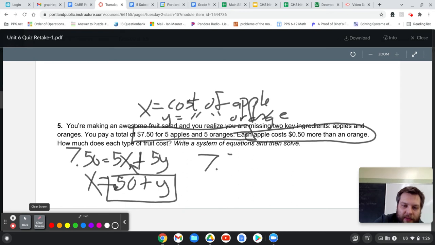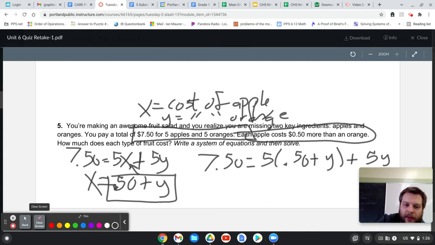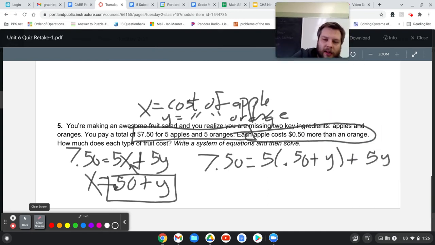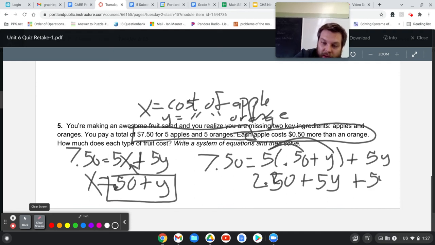So now I have 750 equals 5 times 50 cents more than an orange plus 5 oranges. Then, just like before, a number touching parentheses implies multiplication. So we have 2.50 plus 5y plus another 5y equals $7.50.